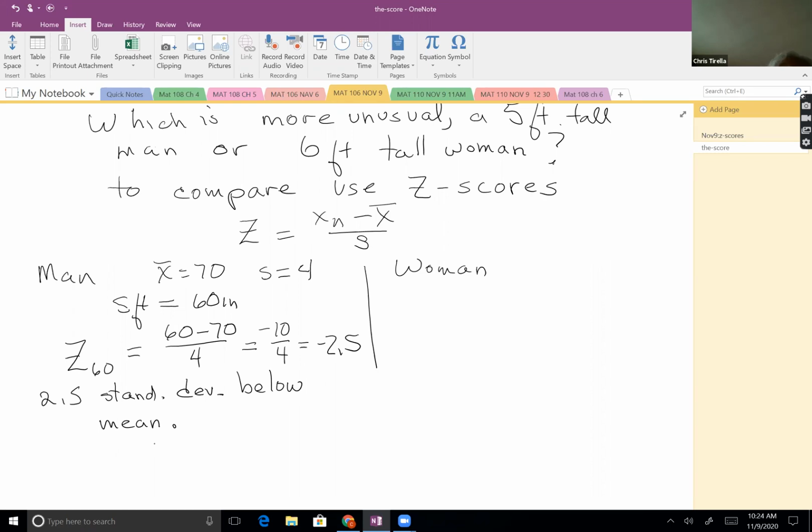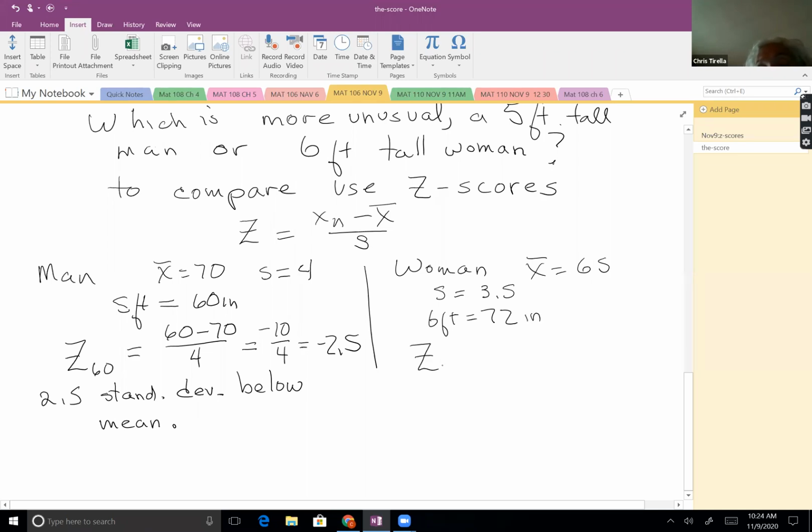And now we're going to have to do that same type of work for the woman. But for the woman, the mean is 65. The standard deviation is 3.5. And 6 feet is 72 inches.